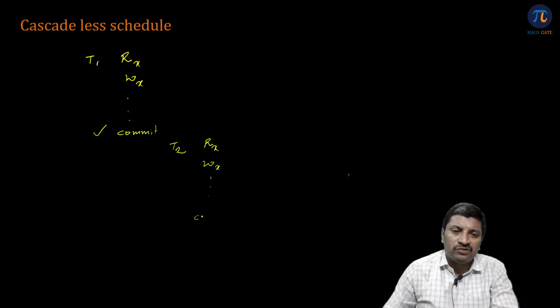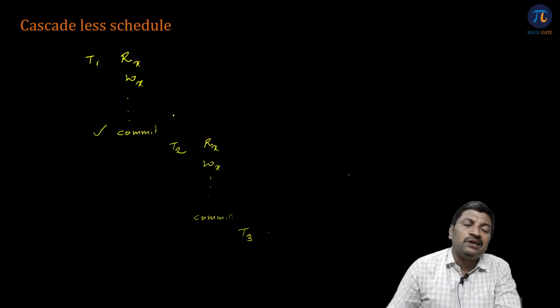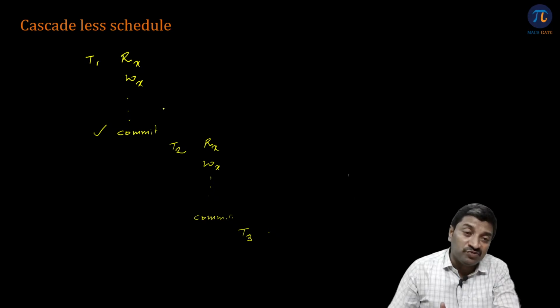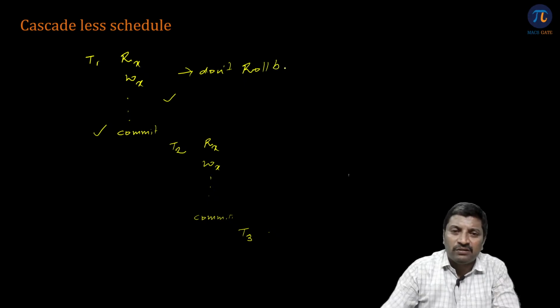Then T3 doesn't start, sir, till T2 commits. Then it will start. So there is no concept of rollbacks because he got the confirmation that everything was correct in T1. Since everything was correct in T1, it doesn't roll back or restart. Since T1 doesn't roll back, T2 also doesn't roll back.